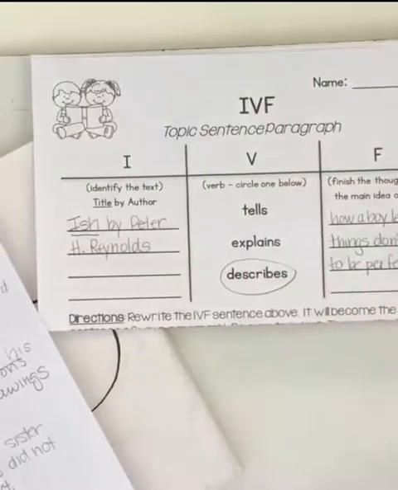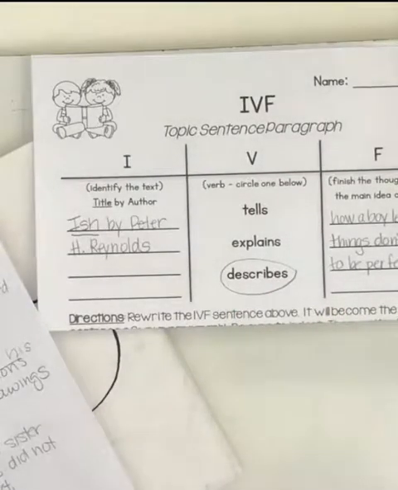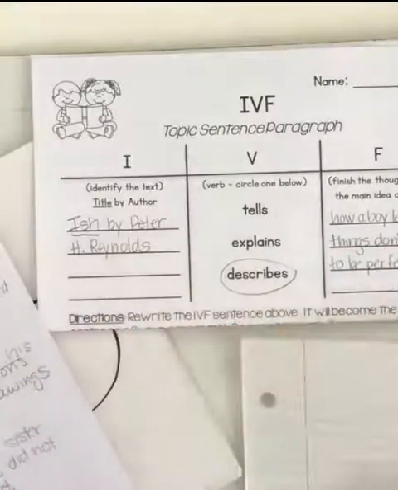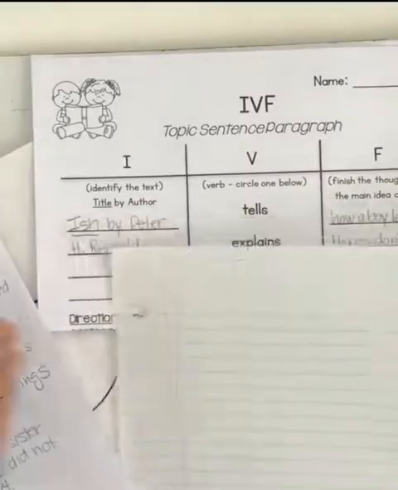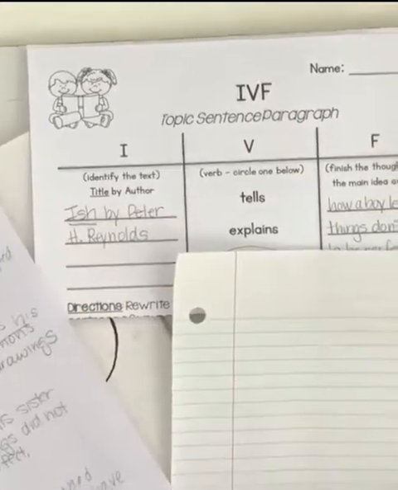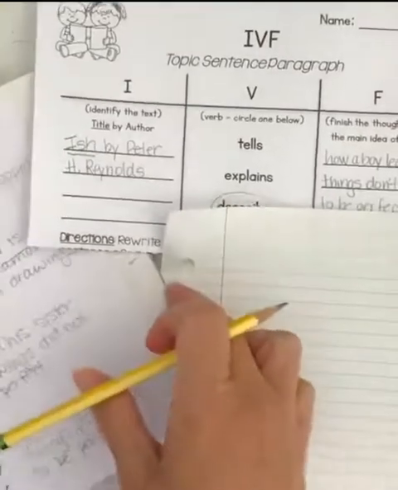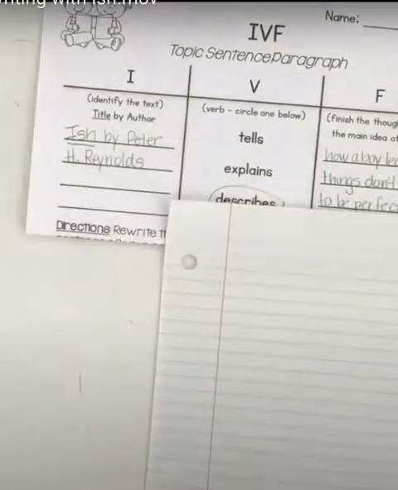We're going to turn this into the first sentence of our summary paragraph. We can use these exact words. The only thing you have to remember is what we do at the beginning of a paragraph, which is indent. Okay, so we're going to indent.